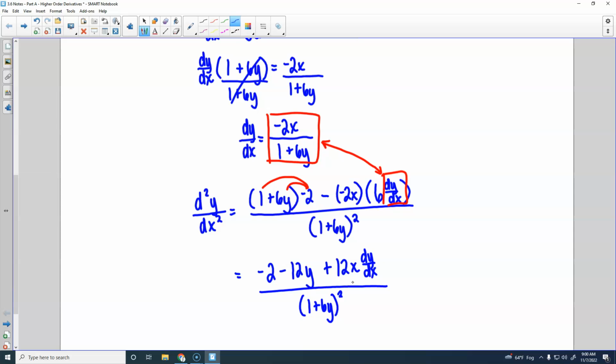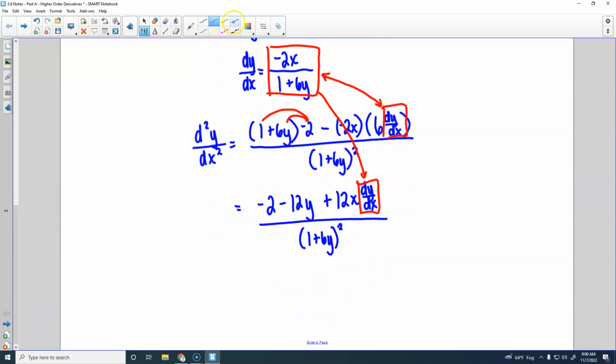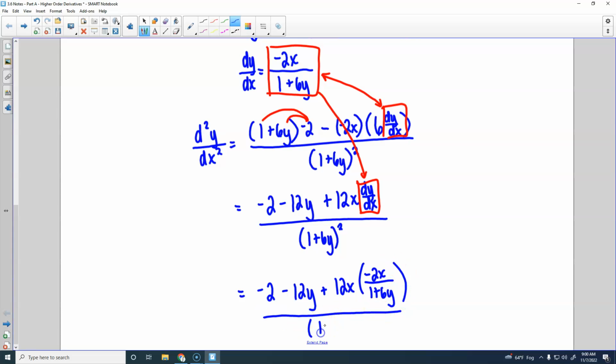And if I replace this dy dx with the derivative, I've got negative 2 minus 12y plus 12x times negative 2x over 1 plus 6y, over 1 plus 6y squared.